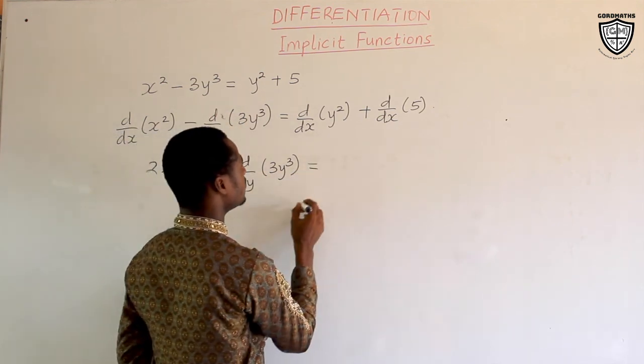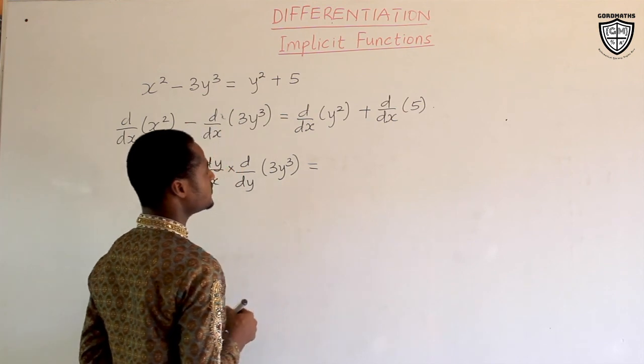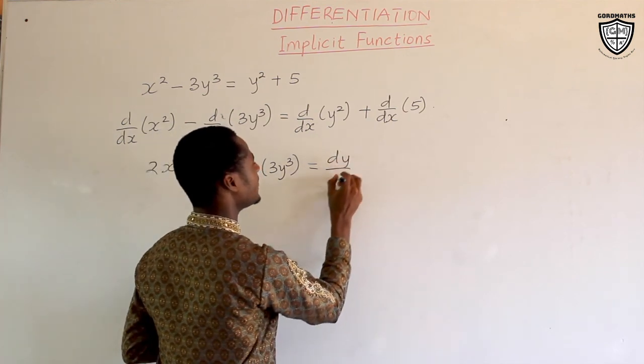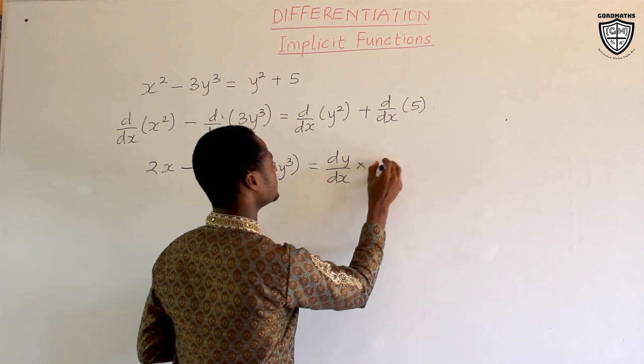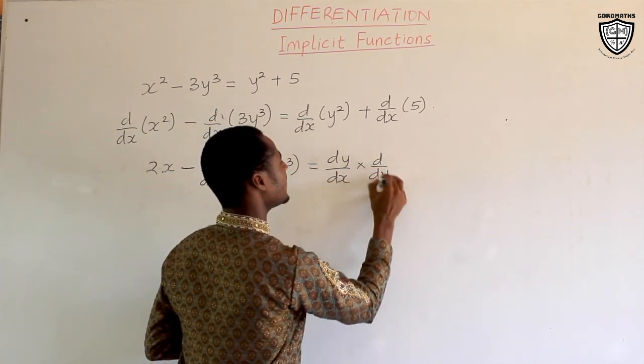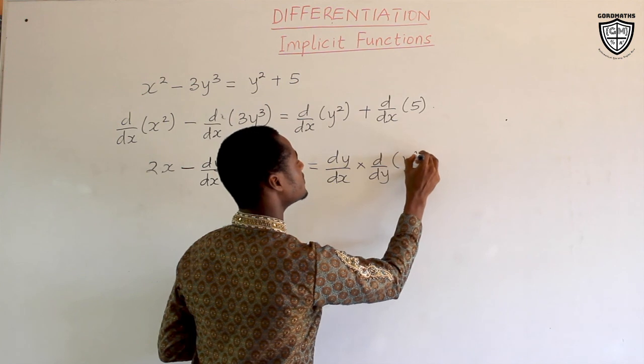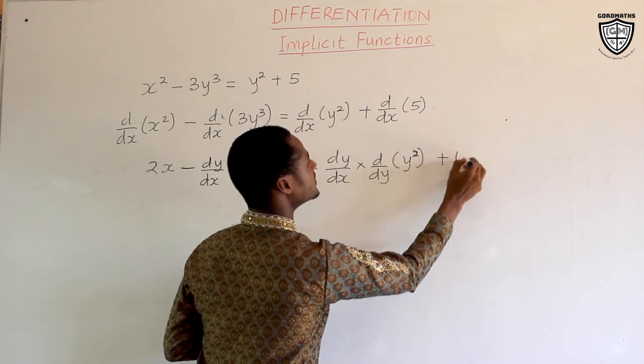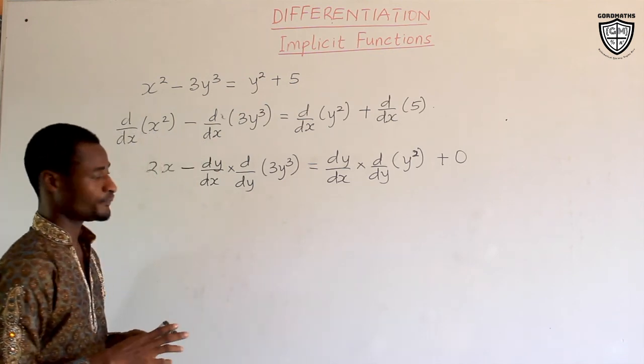And that is equal to, since this is also in terms of y, we do the same thing. We have dy/dx times d/dy of y squared. And the derivative of a constant is 0.